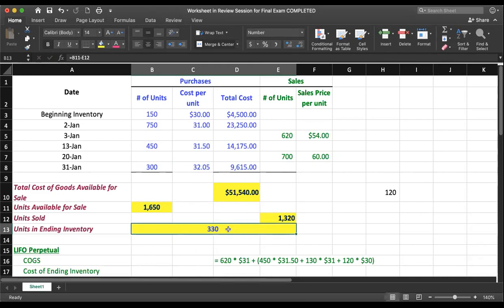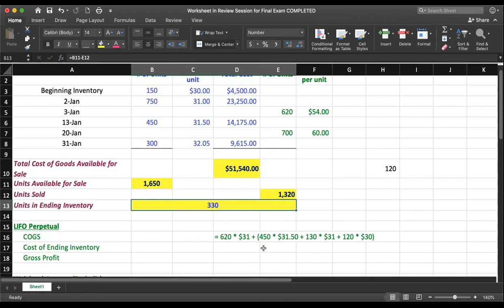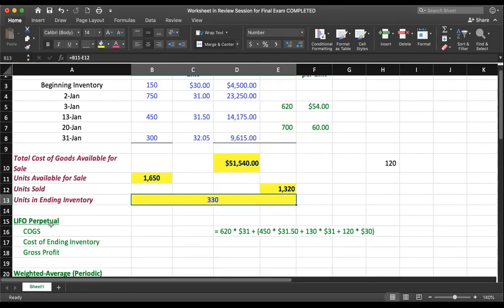Okay, so what we're going to do next is use LIFO perpetual. We want to know what was the cost of these 1,320 units using, I said FIFO, I meant to say LIFO, LIFO perpetual.